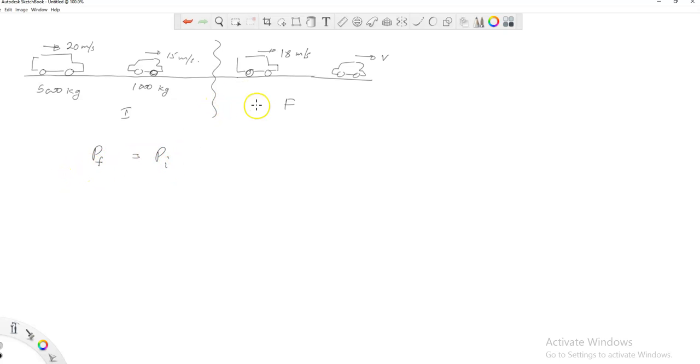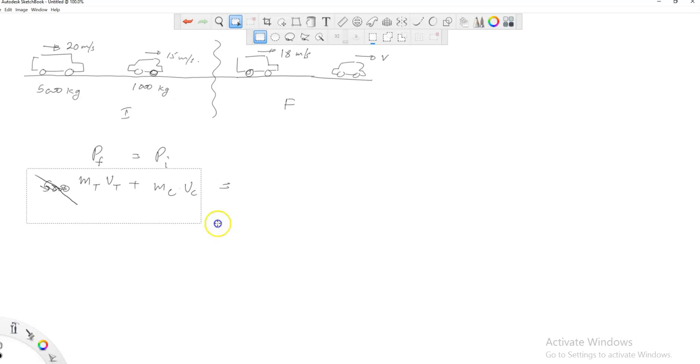So we have the truck, mass of the truck times velocity of the truck, plus, right, this system has two moving things, mass of the car times velocity of the car, which should equal the initial number. Okay, I don't need to write all that, so let me get rid of this whole thing.